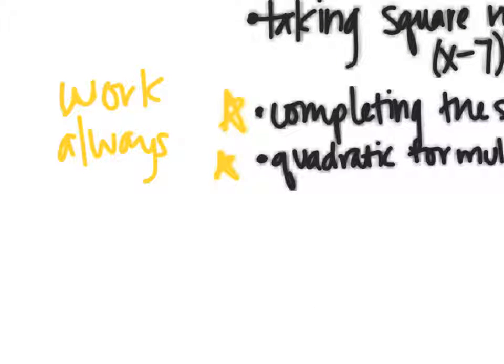So we can always get a problem to complete the square. We can always put something in the quadratic formula. And the good thing about completing the square and the quadratic formula is that they're both going to give us both real and imaginary solutions.